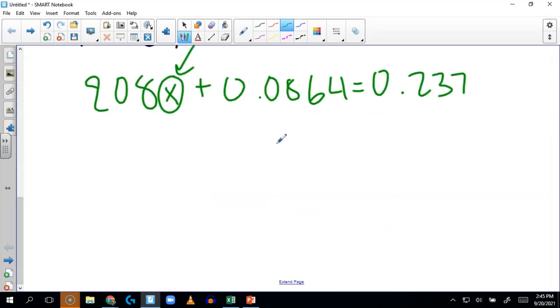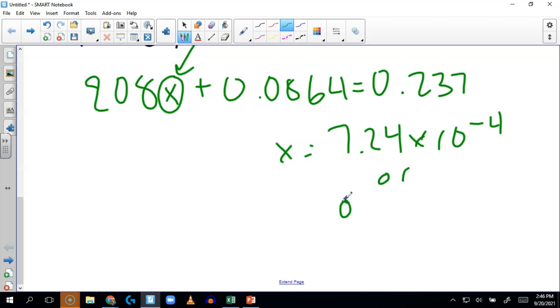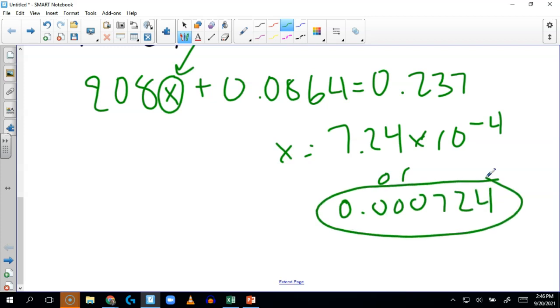When I do that math, I get x equals 7.24 times 10 to the minus 4, or if you don't do it in scientific notation, 0.000724. And that was for my unknown.